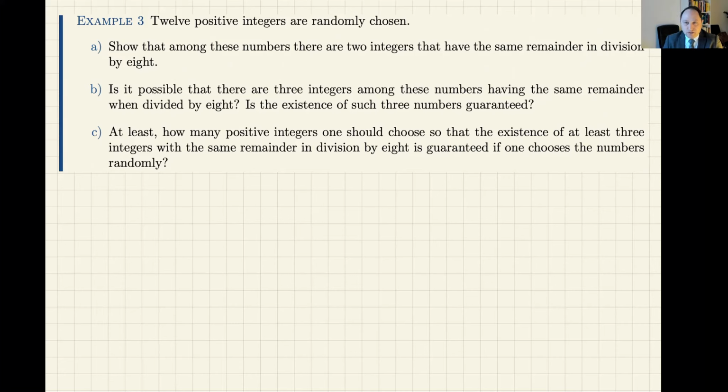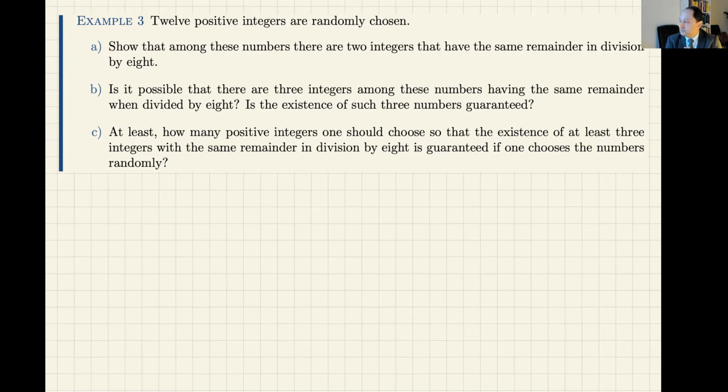So you need to find the role for the pigeons and pigeonholes according to the problem in hand. And I have intentionally used 12 here. I will talk about that later. But let me ask you first, do you have any idea how we can reason for the first part?